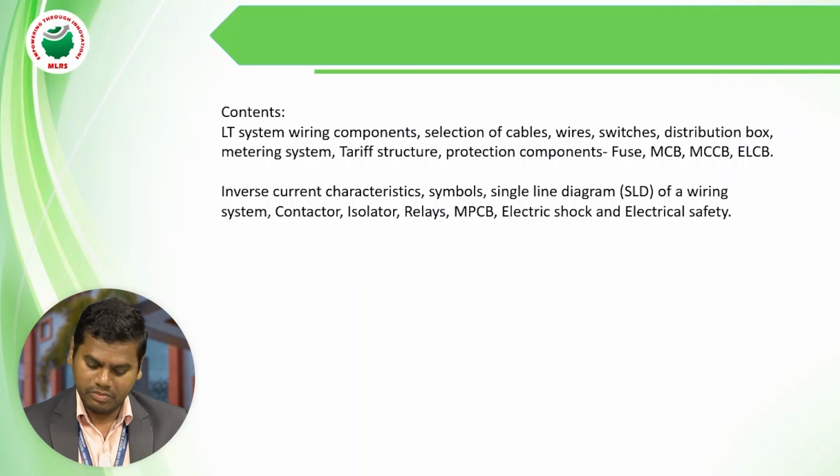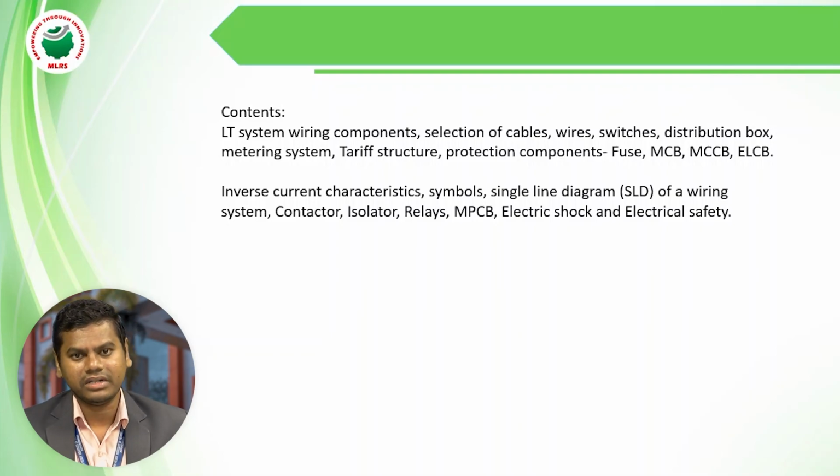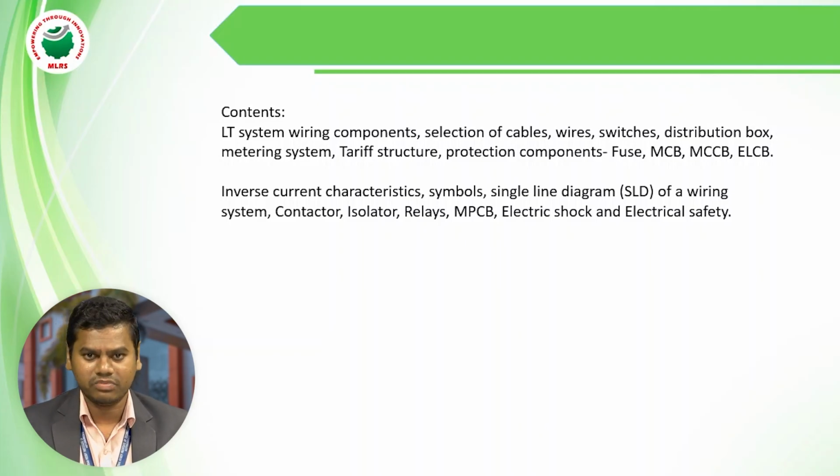Next, protection components. Protection components are fuses, MCB, which is miniature circuit breaker, MCCB, which is mold case circuit breaker, and ELCB, which is earth leakage circuit breaker. These are the protection components.